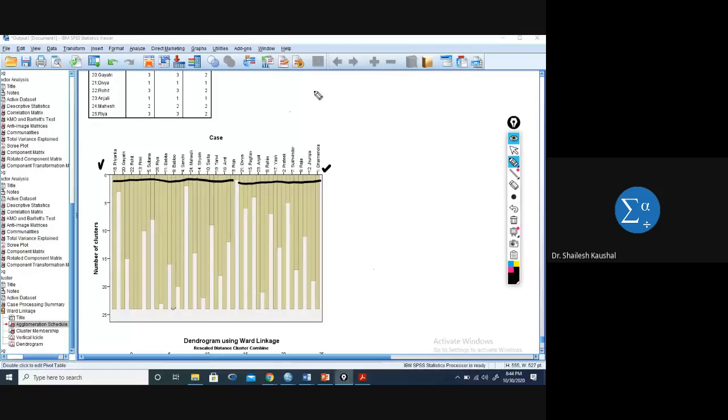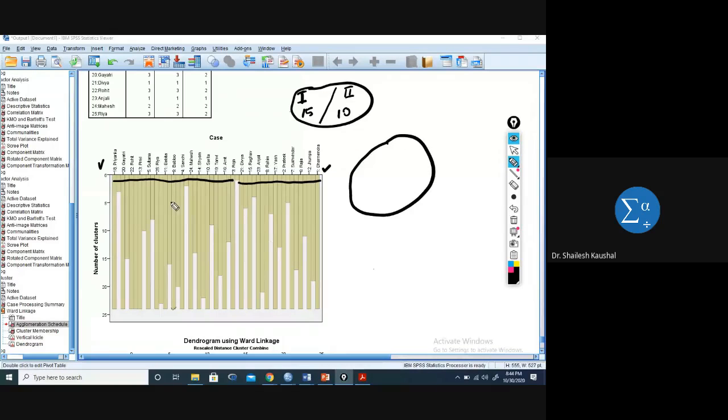So there are 2 clusters, cluster 1 and cluster 2. In cluster 2, how many people? 1, 2, 3, 4, 5, 6, 7, 8, 9, 10 people. And in the other cluster 15.